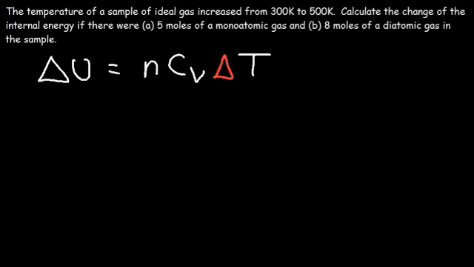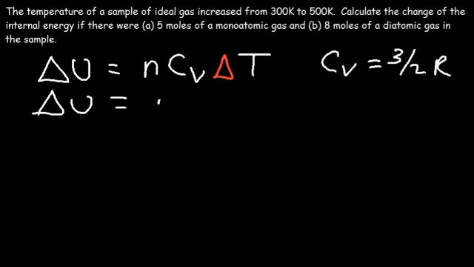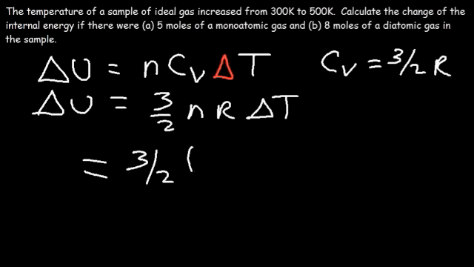Now, keep in mind, for a monoatomic ideal gas, the Cv value is 3 over 2 times R. So delta U is equal to 3 over 2 nR delta T for a monoatomic ideal gas. So it's going to be 3 over 2 times 5 moles. R is 8.3145.